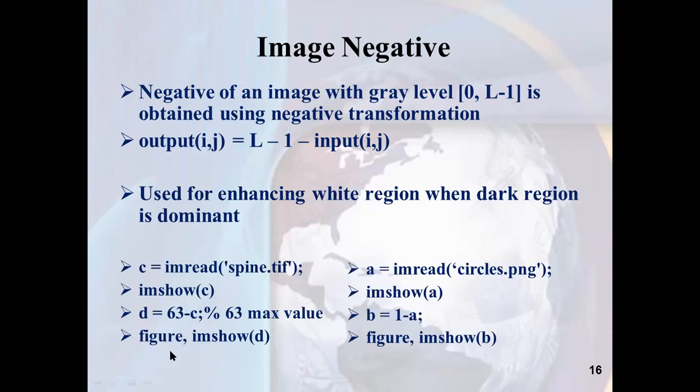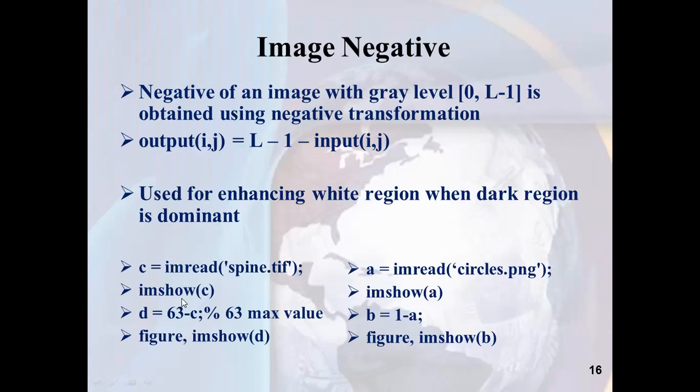The code is simple. For example, image read of spine, and if the maximum was 63, meaning we are talking about 4 bits, we take imshow of the complement. Or another example, circles, whose values are between 0 and 1, meaning we're talking about a percentage image. We take 1 minus the image, where 1 is the maximum in this case.